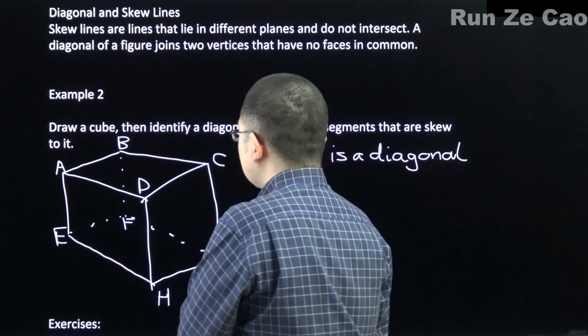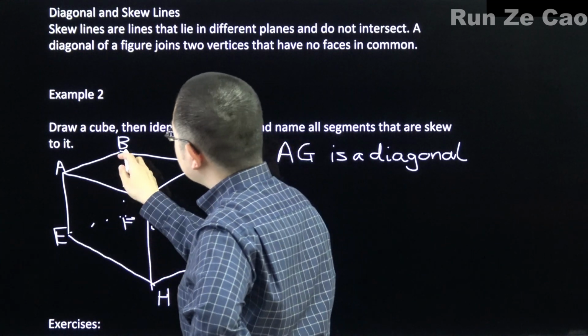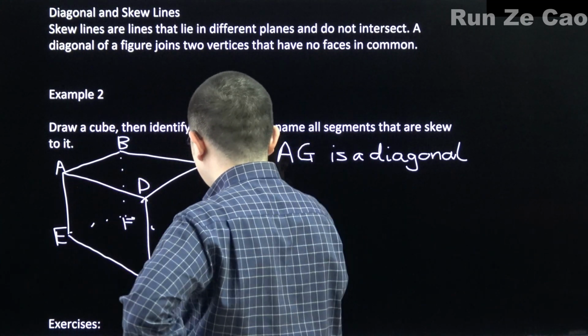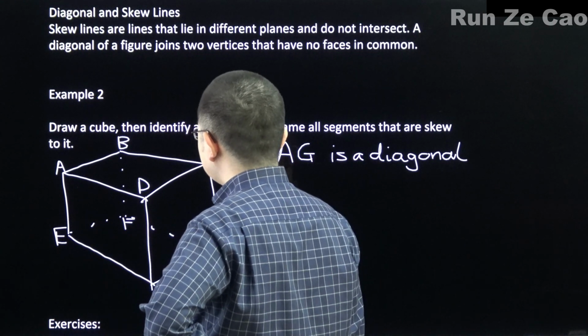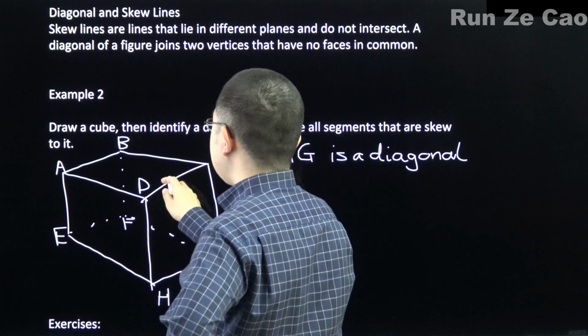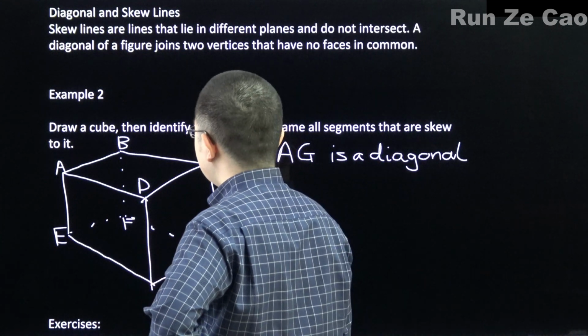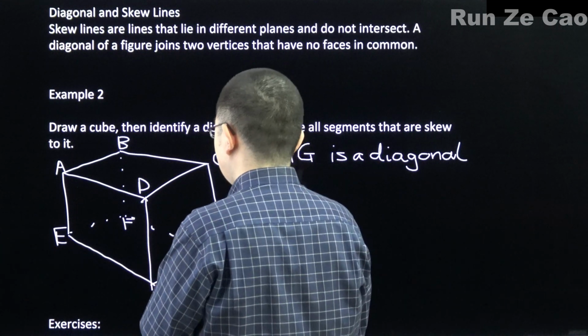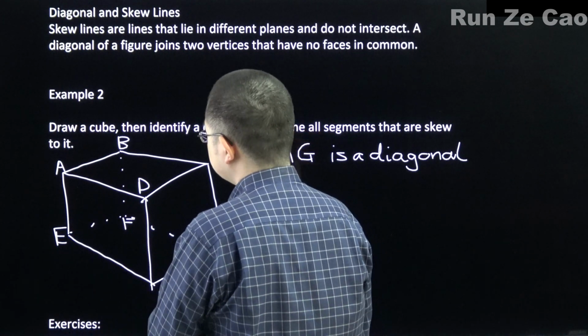And it's skew to which lines? Which lines will never cross it? Oh, we see that AB, AD, AE all cross it. These three also cross it. But the lines in the middle, they do not cross AG.